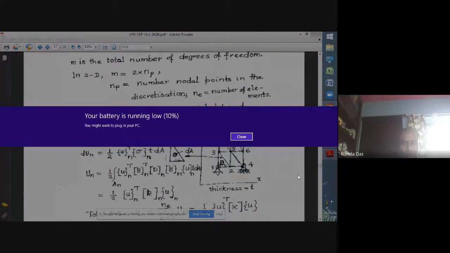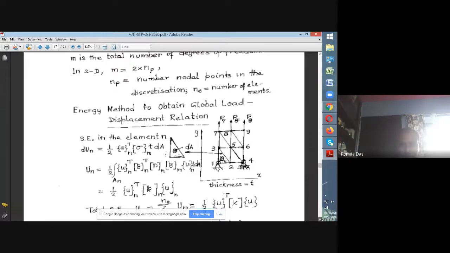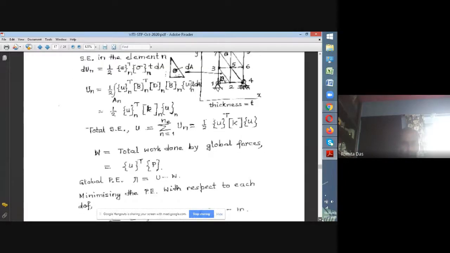So the loads in this case are specifically given, and therefore you don't have any difficulty in writing the global load vector. Taking note of this, you can write the global load vector.